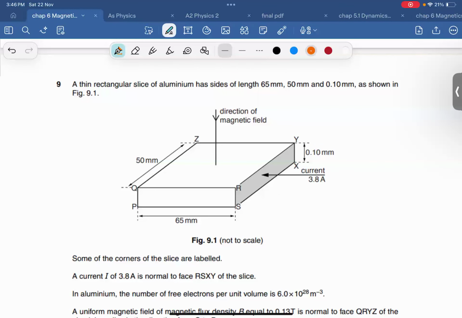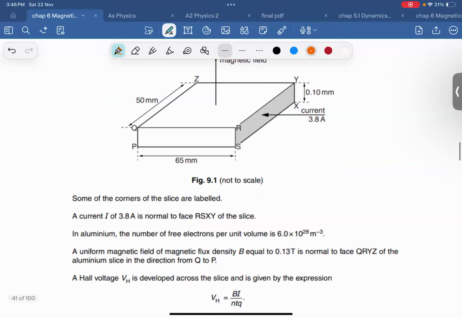Can you please read this question? A rectangular slice of aluminum has sides of length 65 millimeters, 50 millimeters, and 0.1 millimeters as shown in figure 9.1. Some of the corners of the slice are labeled. A current I of 3.8 amperes is normal to face RSXY of the slice. In aluminum, the number of free electrons per unit volume is 6.0 times 10 to the power 28.